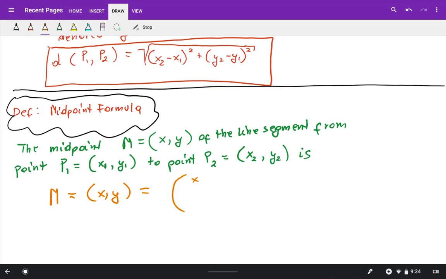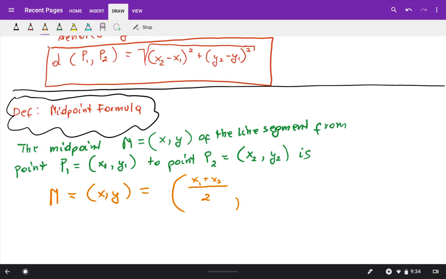You're going to add the coordinates of points P1 and P2 and take the average of them. So that means (x1 plus x2), adding the x coordinates of those 2 points together and dividing by 2, which you may think of as finding the average of them.